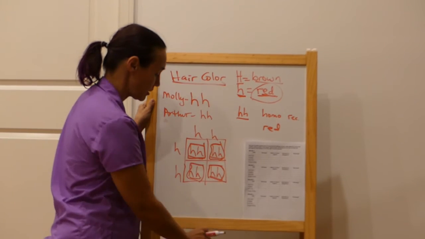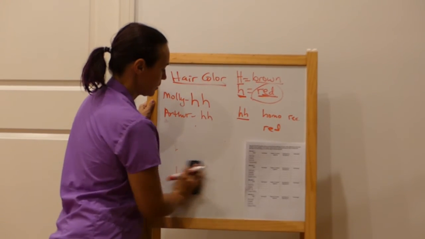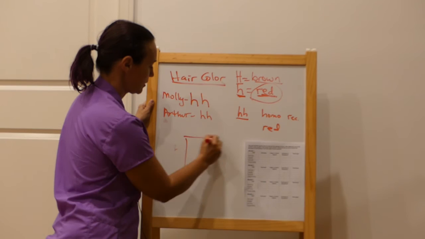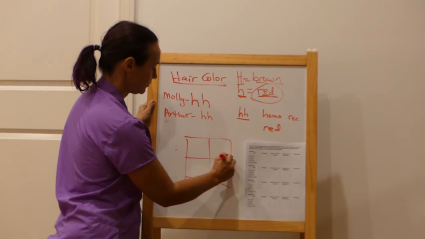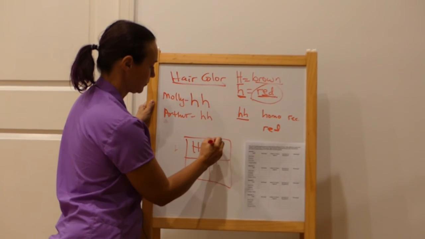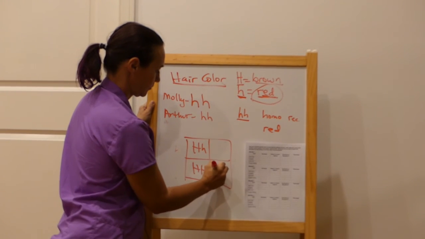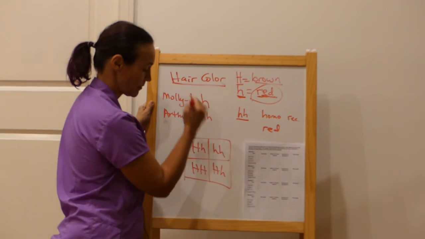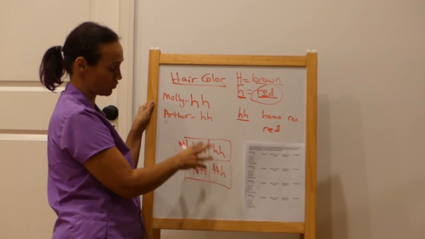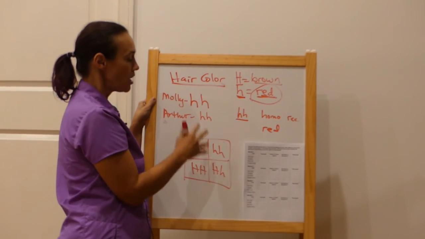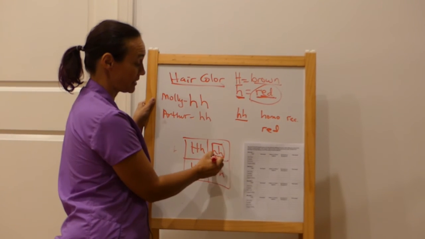But if we had a Punnett square that was something like this, something like that, okay? That's not a true Punnett square, but we have these 4 things. One sibling would be assigned to this one.